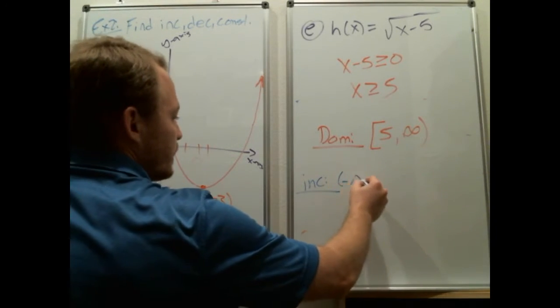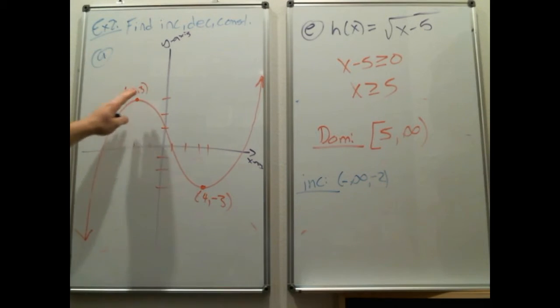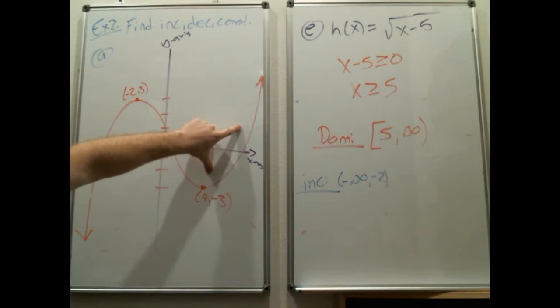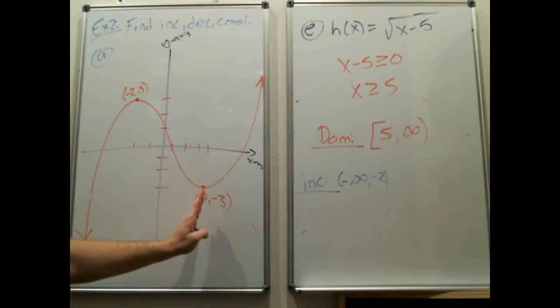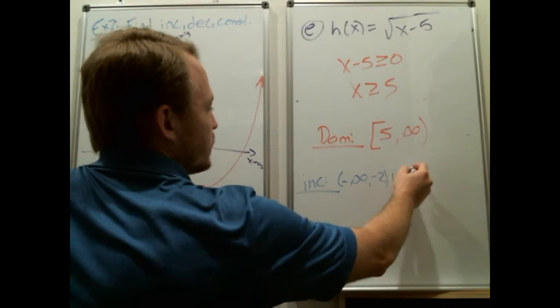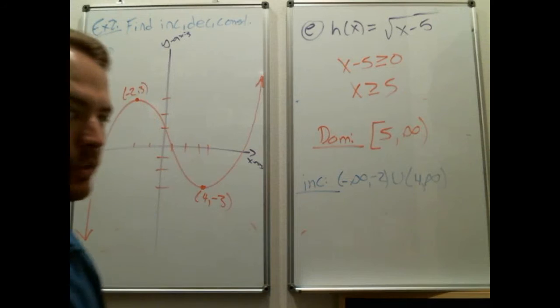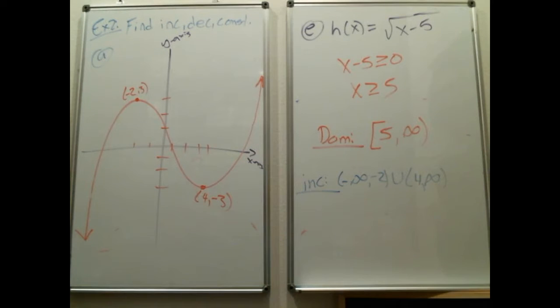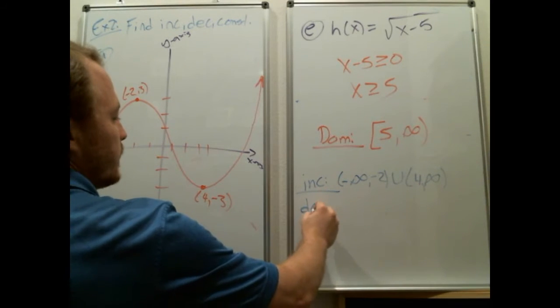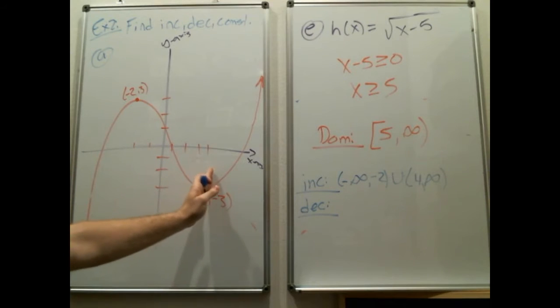So -infinity to -2. And then I'm increasing again here. So it starts at what x value? 4 to +infinity. So union 4 to infinity. Alright, and then decreasing x values. It goes from -2 all the way to 4.